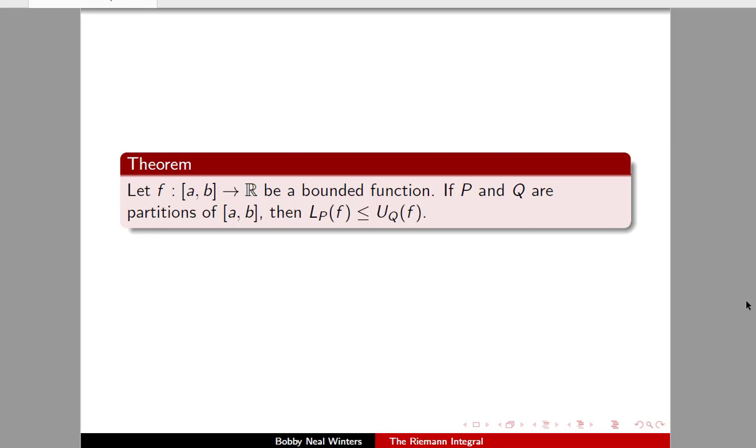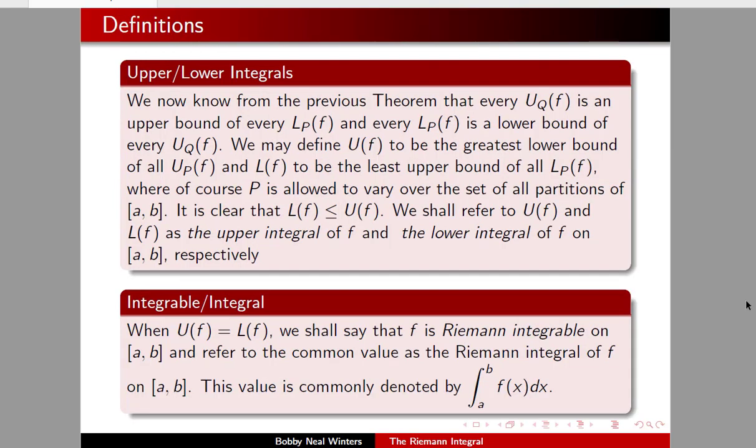And this follows exactly as did a similar theorem we had when we were just talking about doing this for the function 1 over x. It follows exactly the same way.